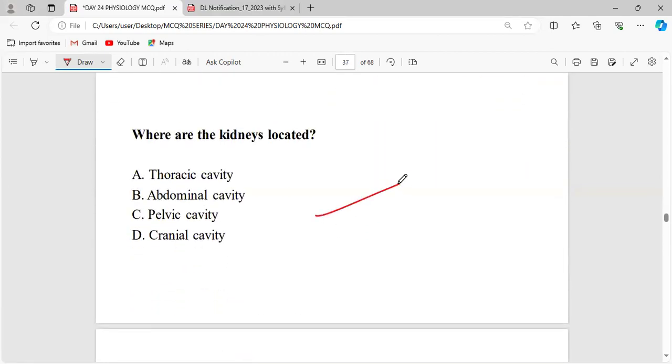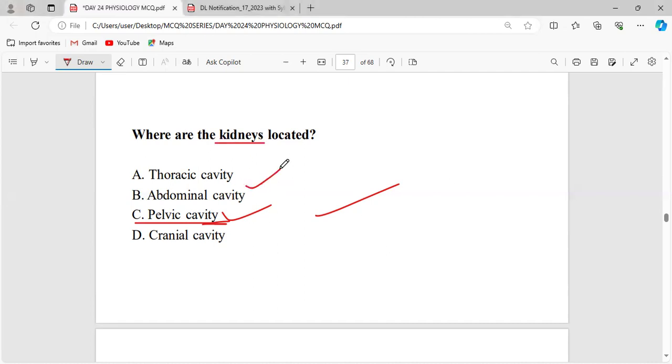Where are the kidneys located? In the pelvic cavity, which part of the kidney is located?